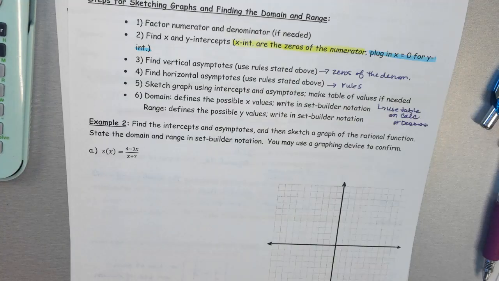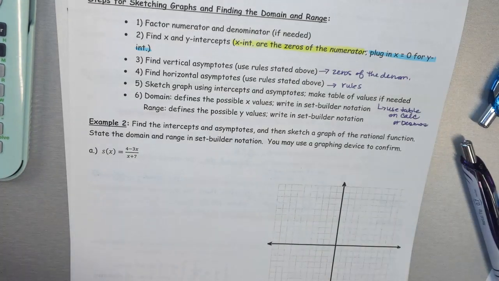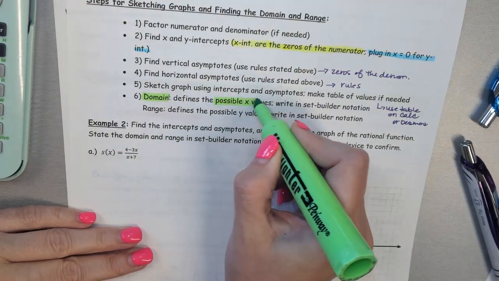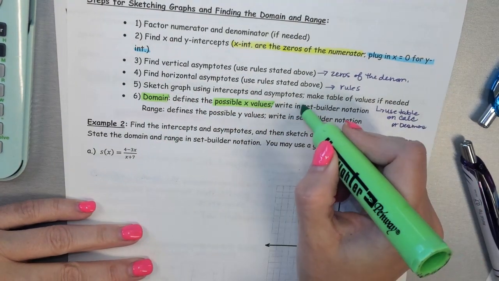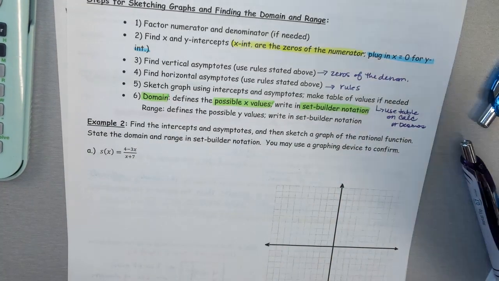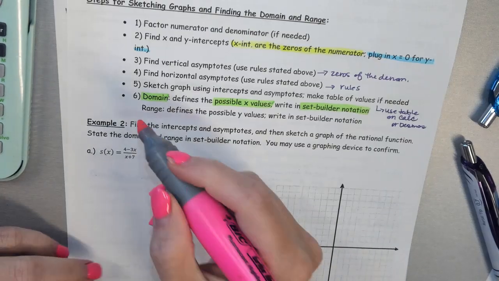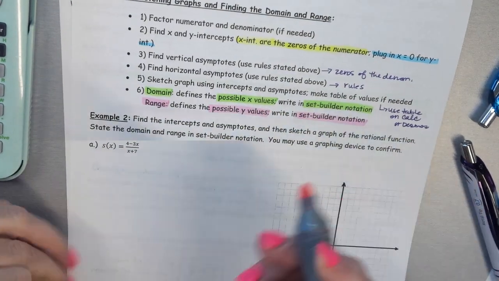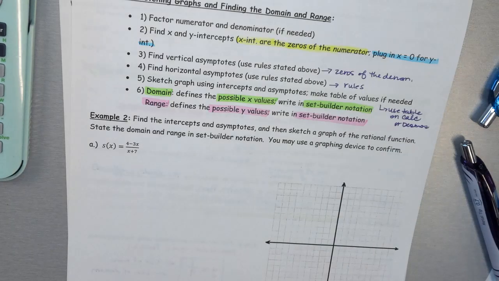Okay, and then with the domain, that is going to be the possible x values. Okay, and we're going to be writing those in set builder notation. The range is going to be the y values, and there are several different cases for the range. So we're going to look at a few different graphs because the range is going to change.